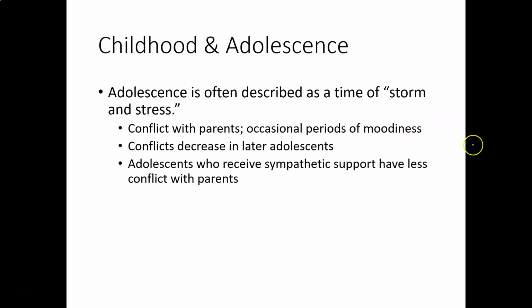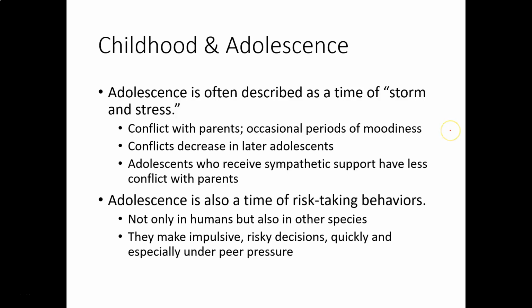Another feature of adolescence, besides this storm and stress period, is a time of risk-taking behaviors. One of the things that happens in the adolescent brain is that the part of the brain that controls emotion is fully developed, but the part of the brain that handles weighing consequences or decision making, which is the prefrontal cortex, is not fully developed yet.